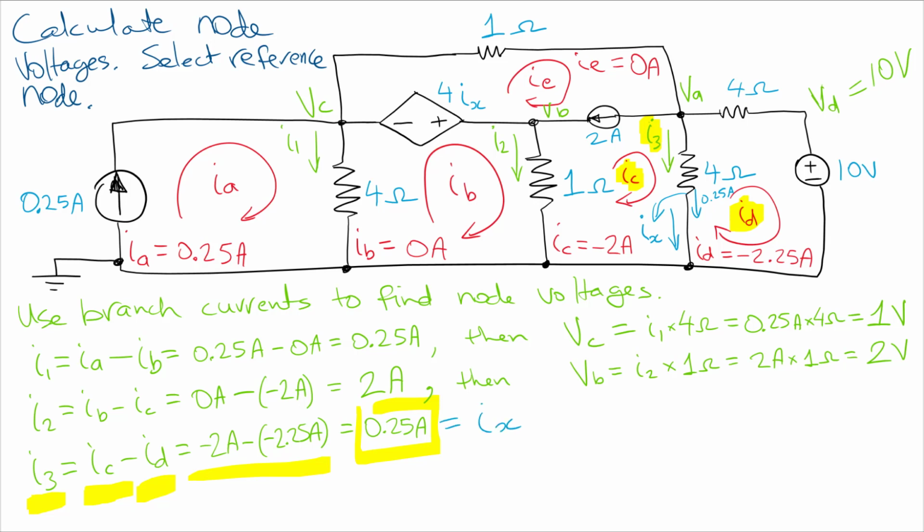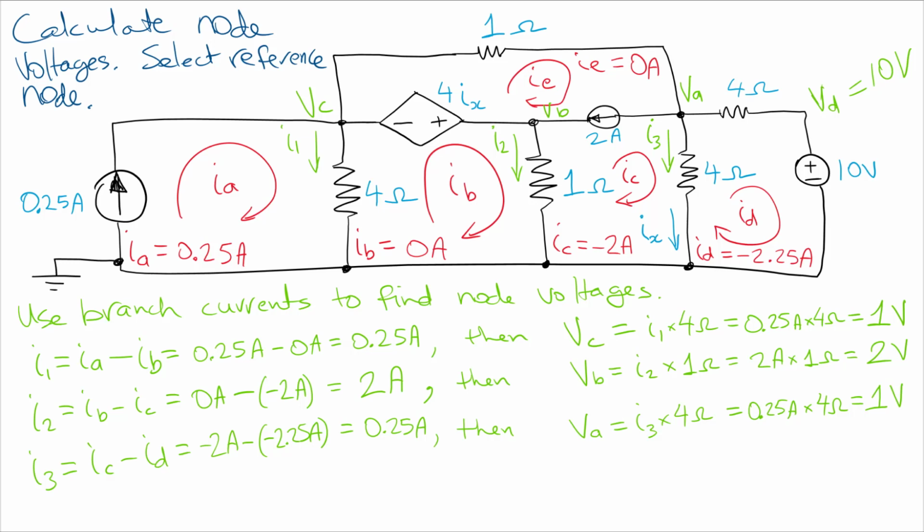For some reason, if we wanted to find the actual value for that voltage, it's 1 volt, 4 times 0.25 amps. But we're not solving for that at the moment. We're solving for the VA voltage, and what is our expression for that? Again, using Ohm's law, VA is equal to the current I3 times the resistance. Plug in the values, and we have 1 volt. So VA is equal to 1 volt.